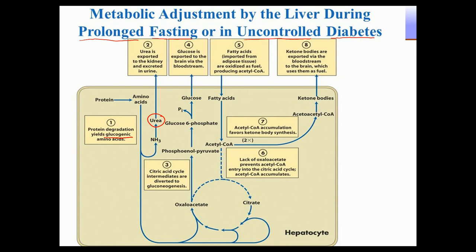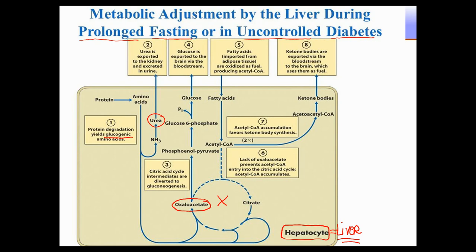Okay, so that event's in the kidney, but this is a hepatocyte, so this is a liver cell still. I just switched it from the liver looking picture. Okay, then here comes the important thing that we've talked about, which is that everything's going now to glucose. Oxaloacetate is diverted for gluconeogenesis. And so now what you see is a massive shutdown of glycolysis.